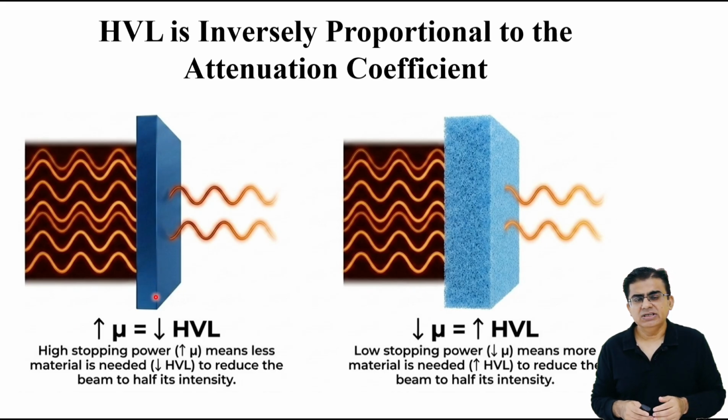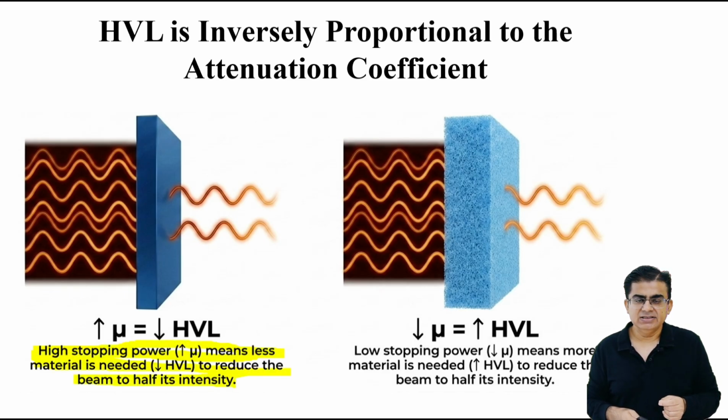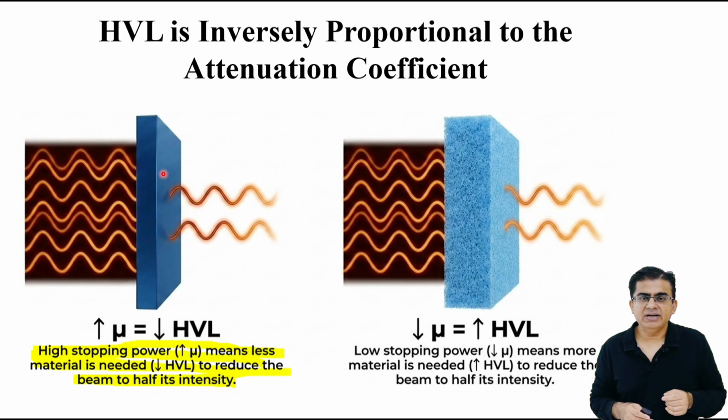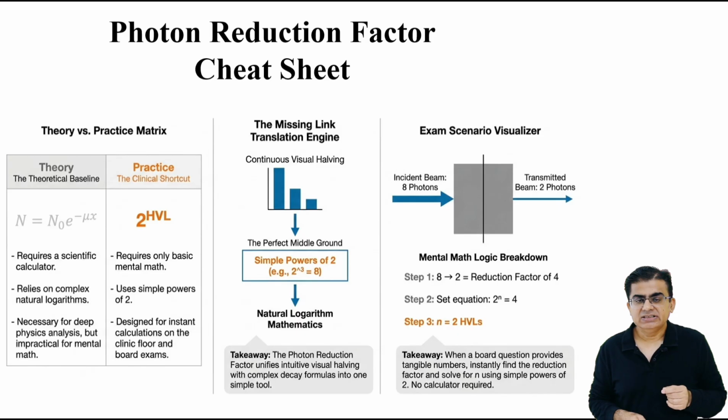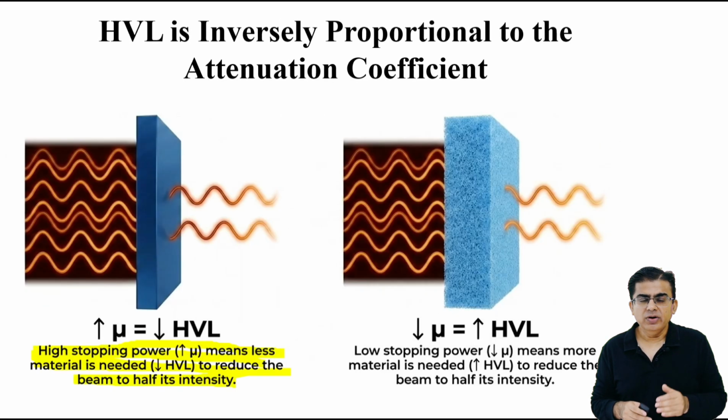Because it is so strong at stopping radiation, you only need a very thin piece of this blue shielding block. You just need this thin slice to successfully reduce the beam intensity to exactly half. Therefore, a high attenuation coefficient strictly gives you a very low HVL. Did you understand this?